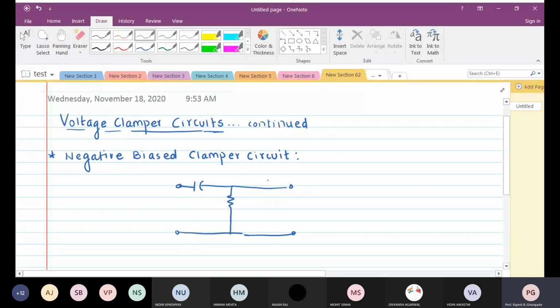So what is the difference? The difference is here. I'll use a different color so that you'll be able to understand the difference. Otherwise this cathode would have been connected to the ground.